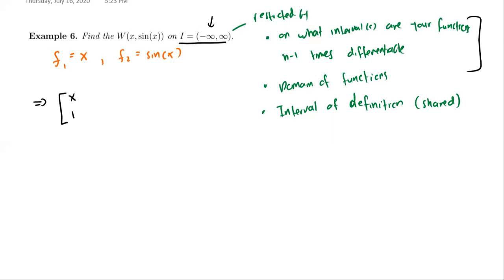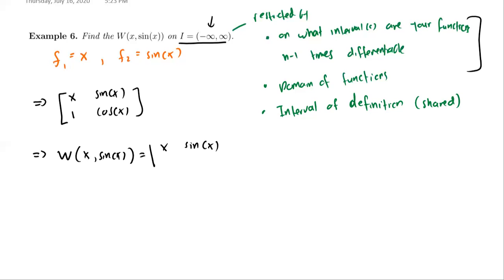The second column is the second function and its first derivative, so cosine. So this is the matrix. And the Wronskian then, which again you write as W of your functions, so W of x and sine x, is given by the determinant of this matrix: the determinant of x, sine x, 1, cosine x.